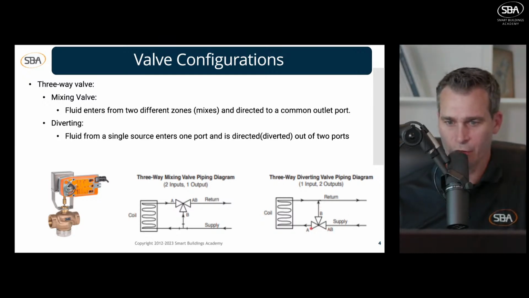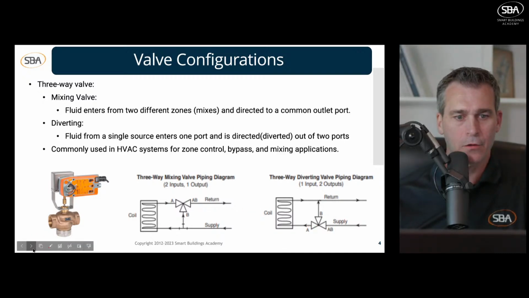So we're diverting water away from the coil here, and it's going back to the return. So it's entering a common port and diverting in two different directions. That's what it means when we talk about a diverting valve. These are commonly used for zone control, bypass, and also mixing applications.